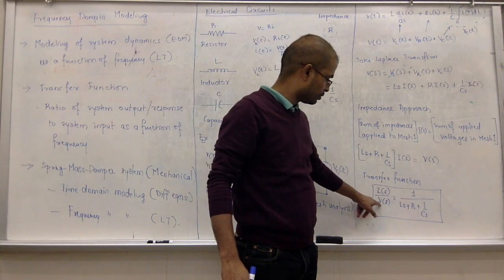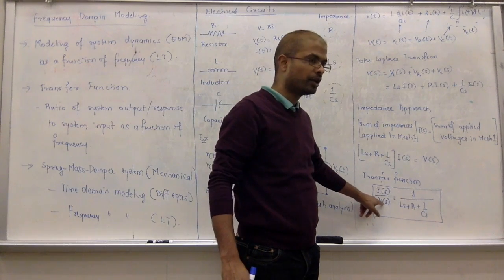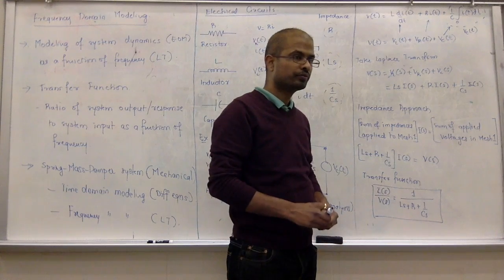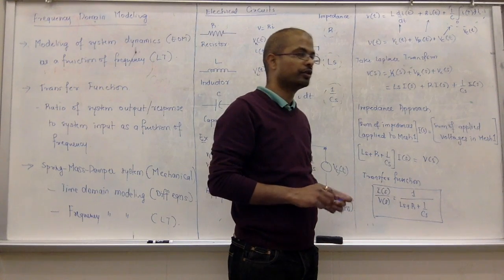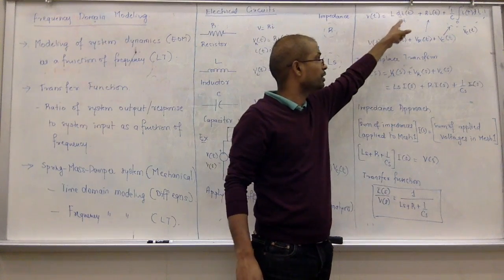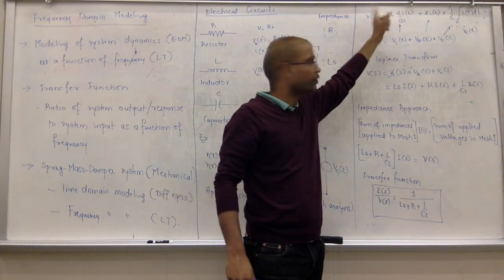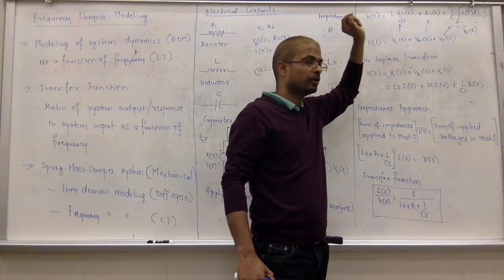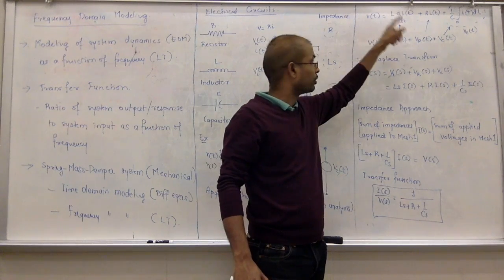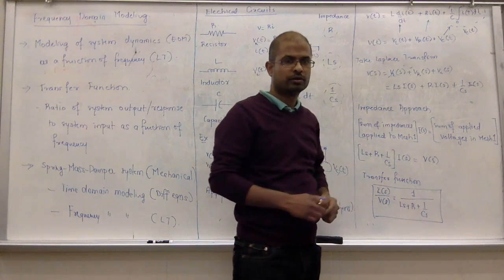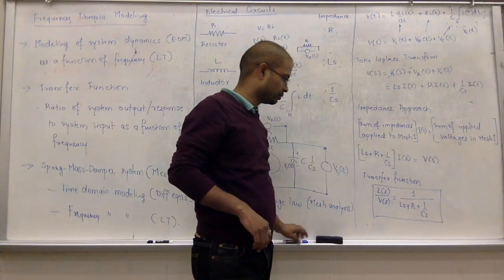You know the applied voltage, you can calculate the current flowing through the circuit. So here, this is a differential equation, right? If you know the applied voltage, you will know what is the current flowing or what is the voltage drop across any of the components.